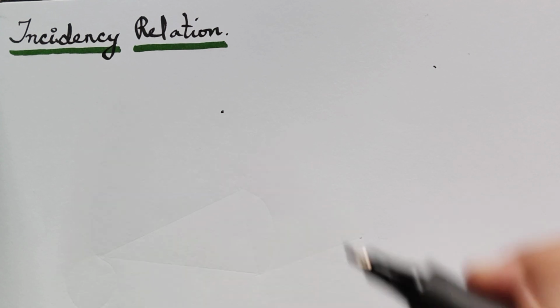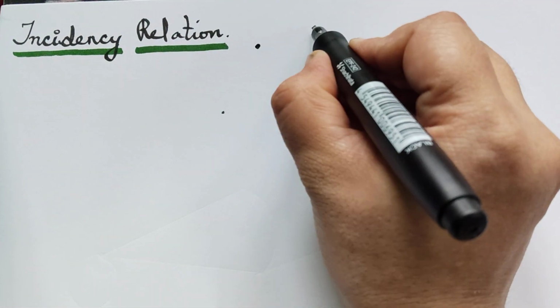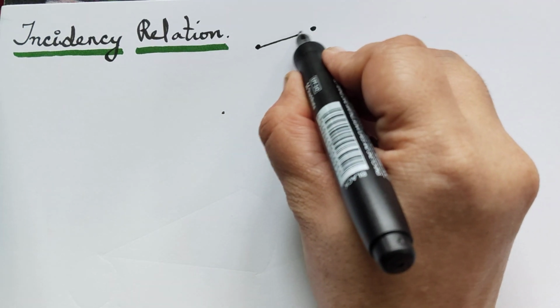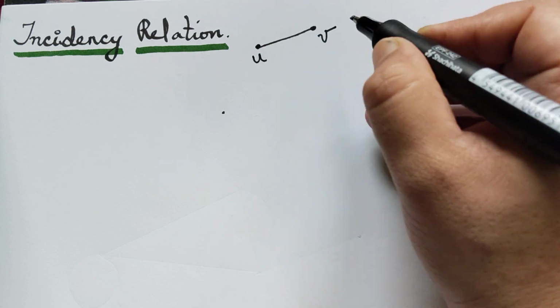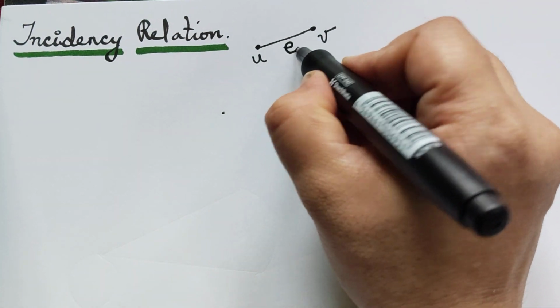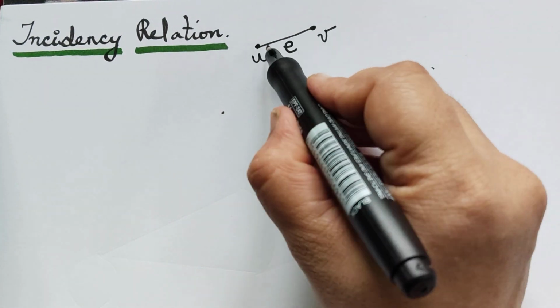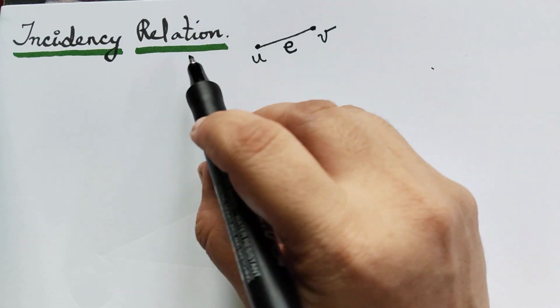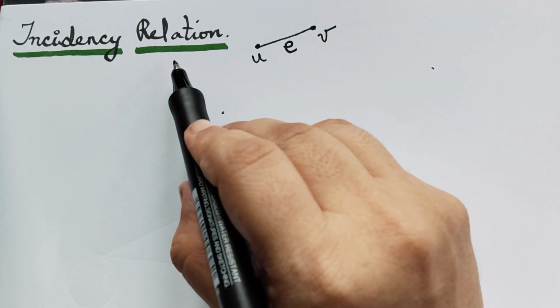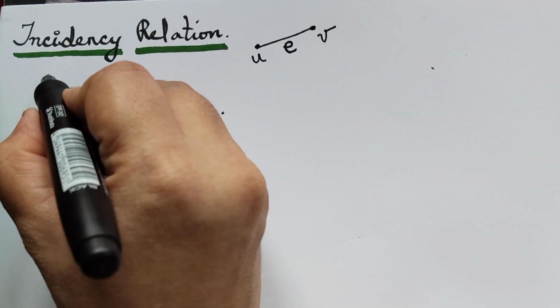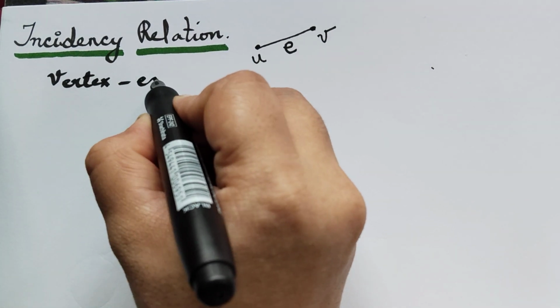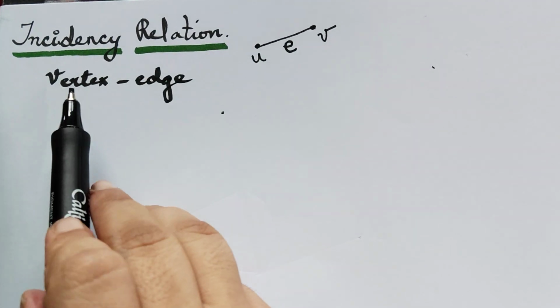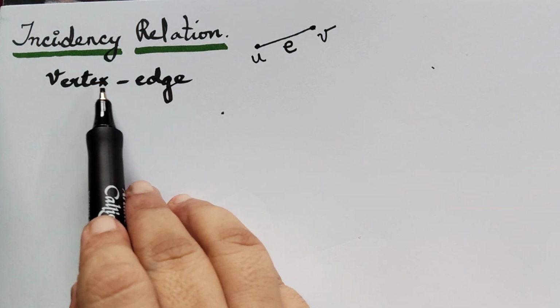Next, we will see what is an incidence relation. For example, if you have two vertices in a graph and it is connected by an edge. Suppose these vertices are represented as u and v and the edge is represented as e. Now these 2 points are connected by the edge e. Now what is this incidence relation? Always remember, the incidence relation is a relation between a vertex and an edge.